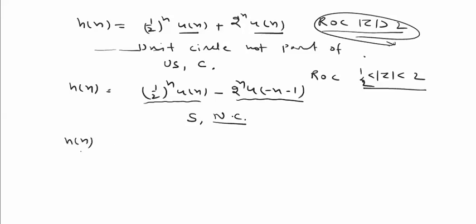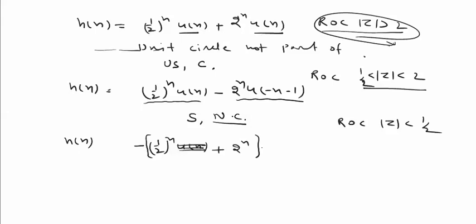In the third case, the ROC is |z| less than half. The expression from both is 2 power n u[-n-1]. The ROC is less than half and does not contain the unit circle, which means unstable and anti-causal.